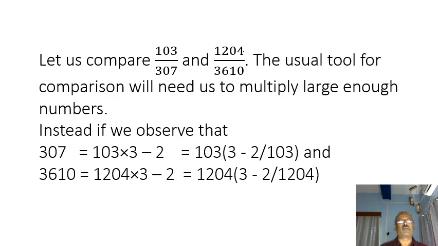Instead, if we observe that 307 equals 103 times 3 minus 2, which is the same as 103 times, when we take out common 103, in bracket 3 minus 2 over 103.